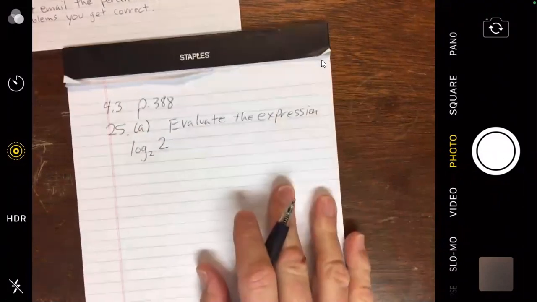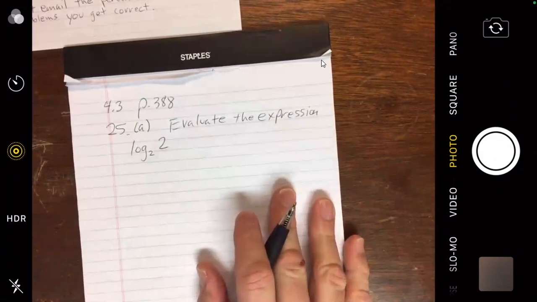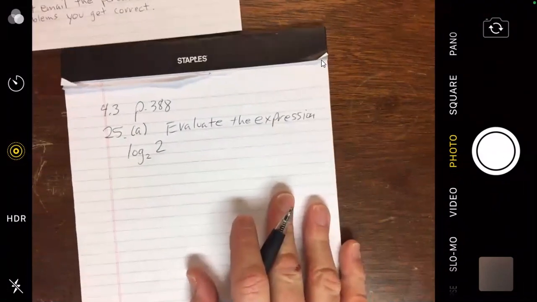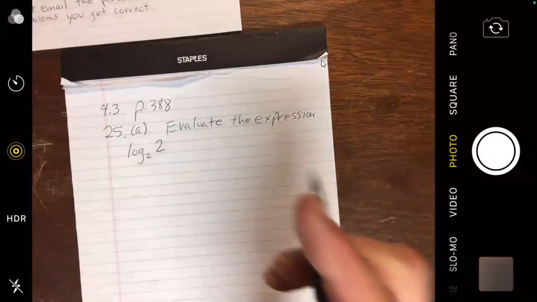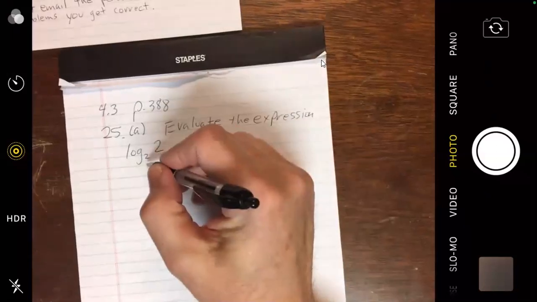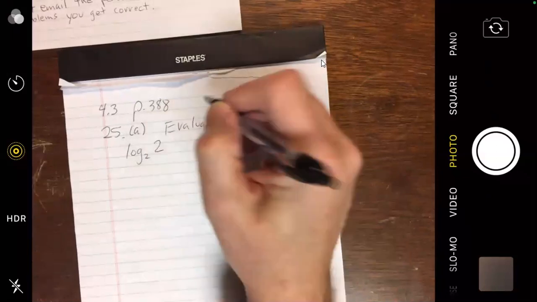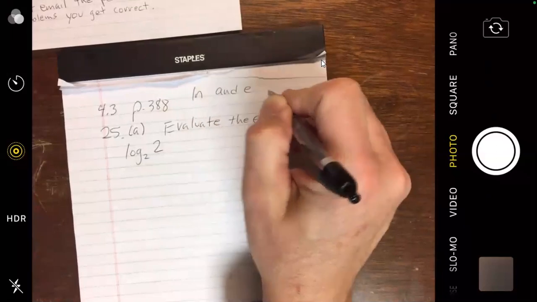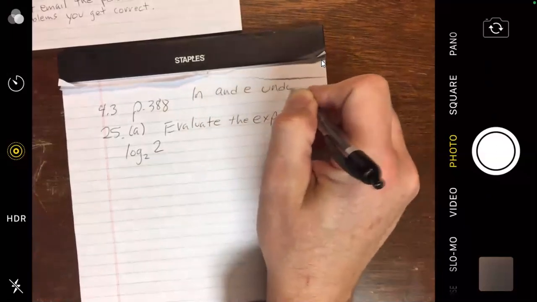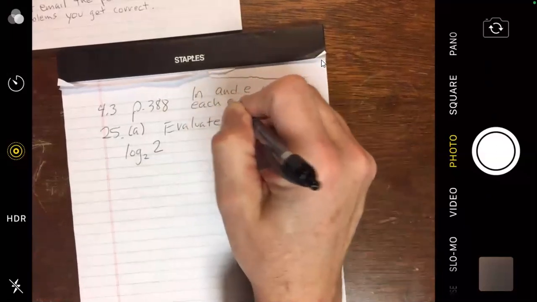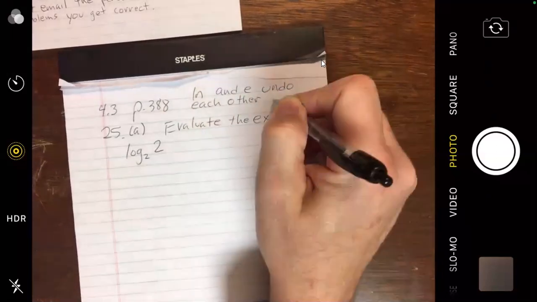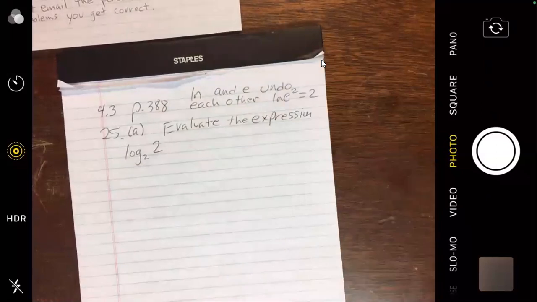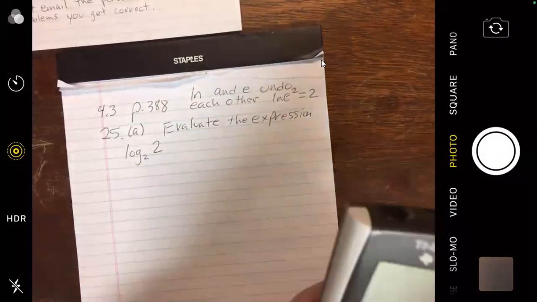Without a whole lot of lecture, I hope everybody knows that log base 2 is not on the calculator. So what is an ln? ln and e undo each other. So if I go ln e to the 2, I should get 2. And you can actually check that on the calculator.